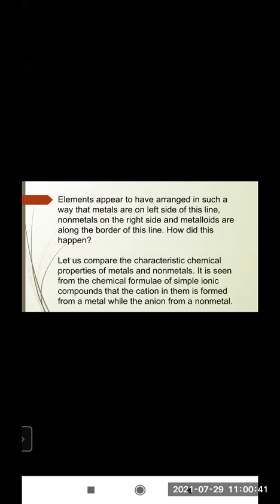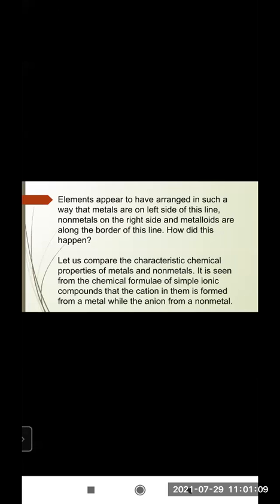Let us compare the chemical properties of metals and non-metals, whatever properties we are going to consider. It is seen from the chemical formula of simple ionic compounds that the cation in them is formed from a metal while the anion is from a non-metal. You can underline that, right? Last year in 9th standard we saw how to derive the formula.